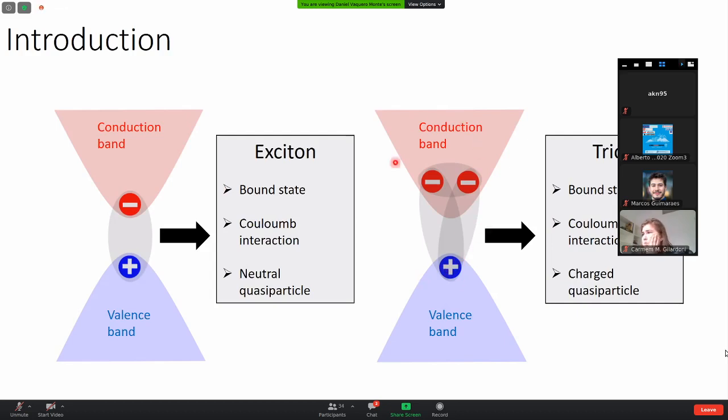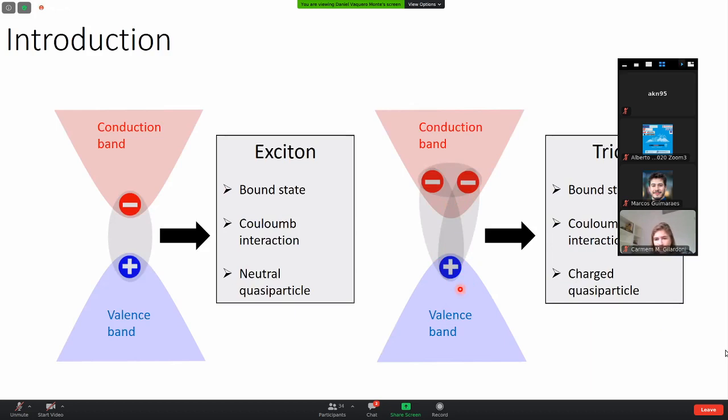Here I have represented a trion, which is formed when an electron binds to an exciton, and it's formed by 2 electrons in the conduction band and a hole in the valence band. This gives us a bound state that forms a charged quasi-particle.